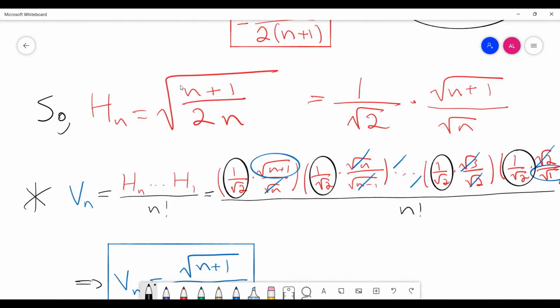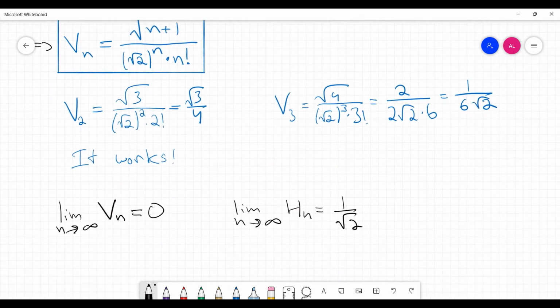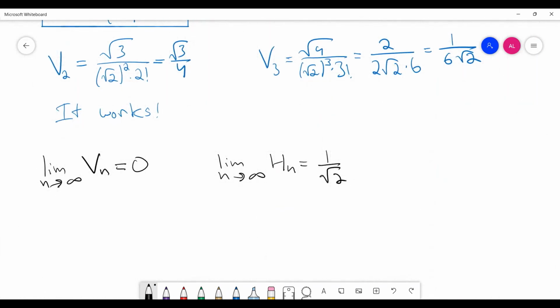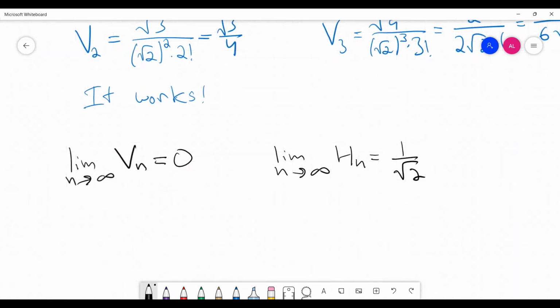And then n plus 1 and n in the square root grow in the same way. So all that's left when you take the limit as n approaches infinity is 1 over the square root of 2, which is also pretty nice. So the volume shrinks to 0, but the height stays virtually constant here.